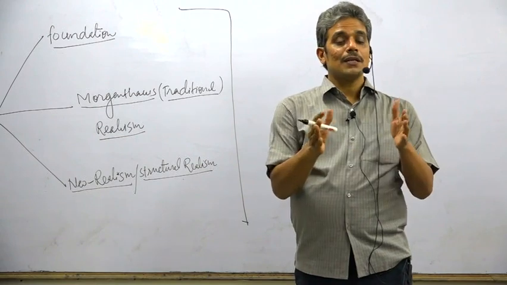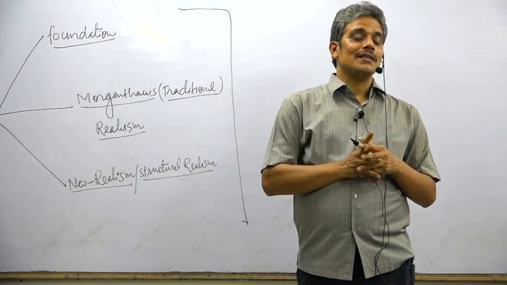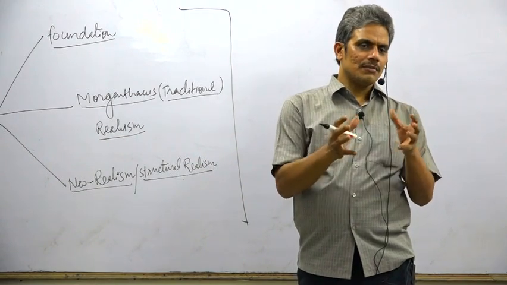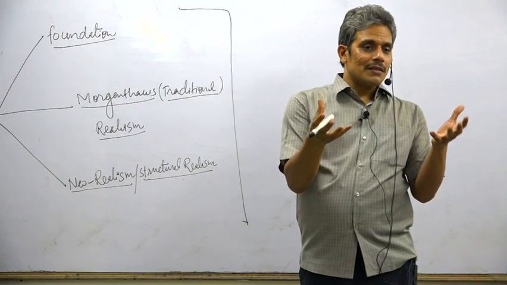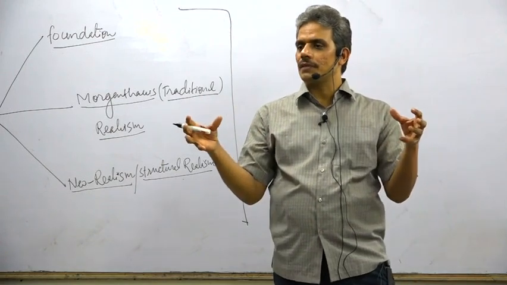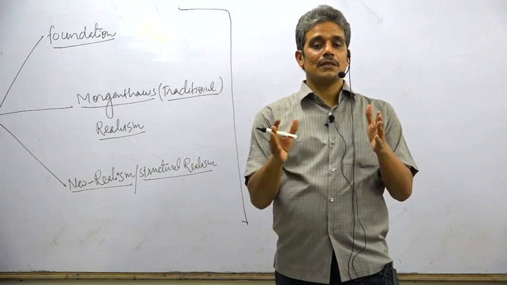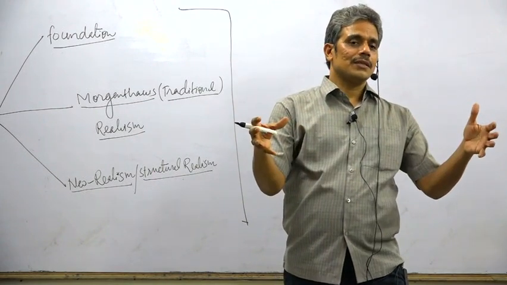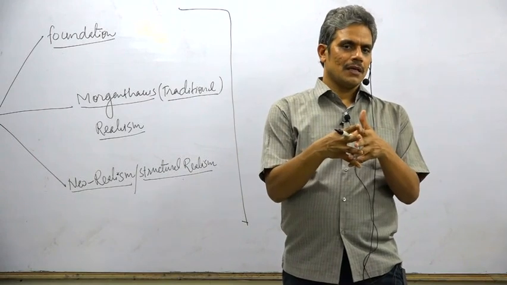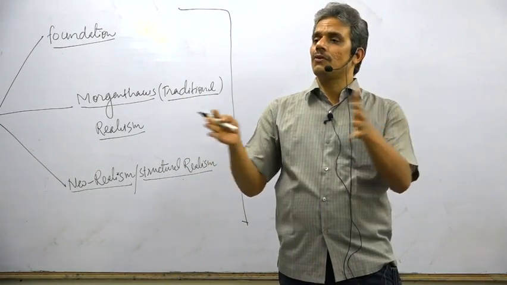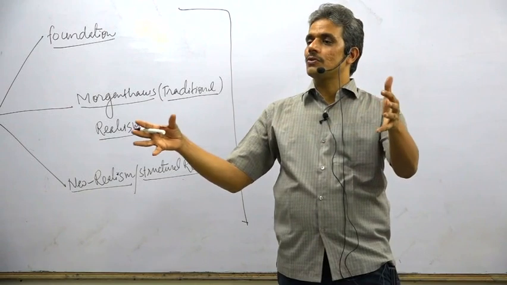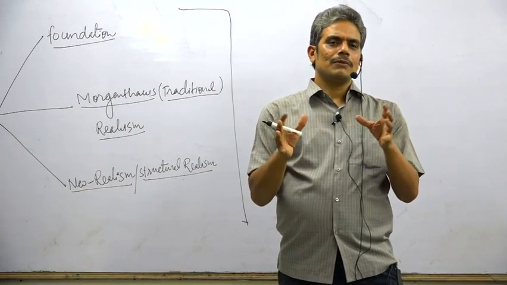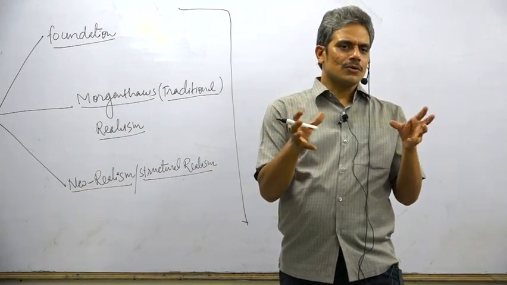Therefore, if we want to understand international theory, we want to see the pattern of interaction between different nation states: how nation states try to make relations with each other, what is the reason behind conflict, how they should cooperate, and why states should cooperate.